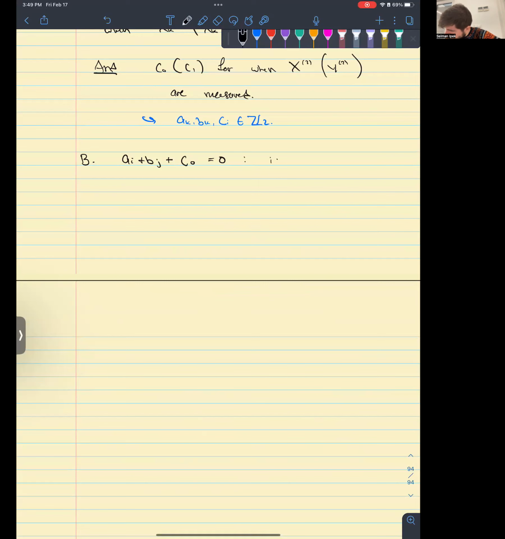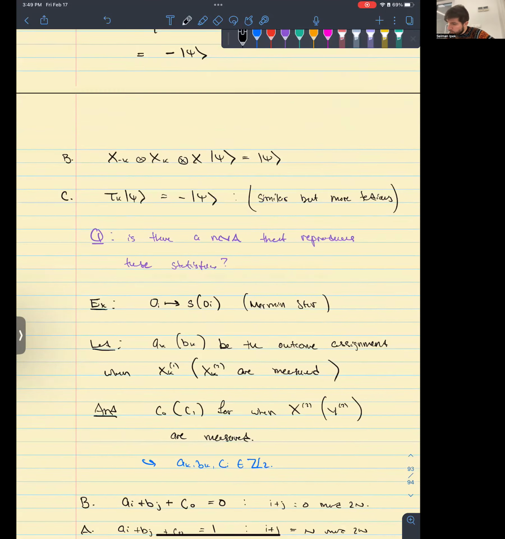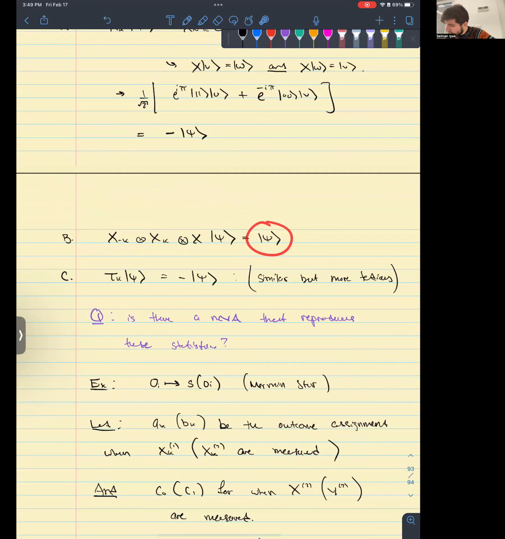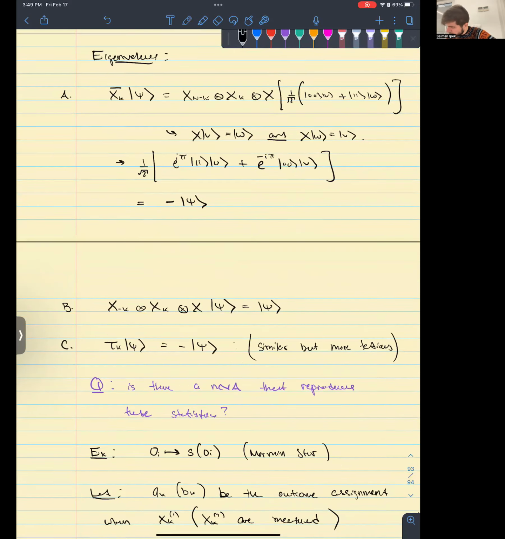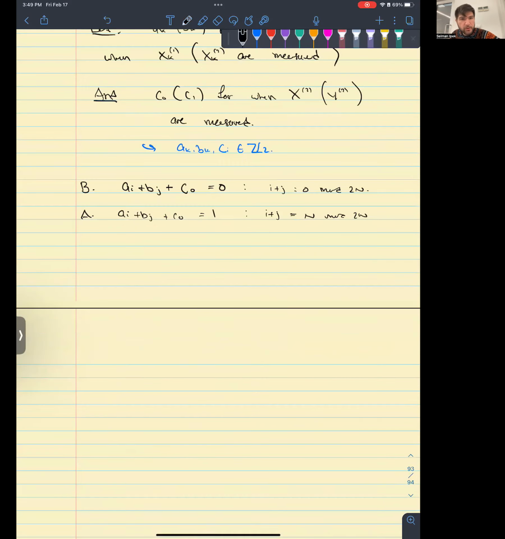This is the case when I plus J equals 0 mod 2n. So from A, we get that AI plus BJ plus C0 equals 1. This is when I plus J equals 2n mod 2n. Where's the 0 and 1 coming from? It's equal to 0 because you get back the original state here, and it's -1 for the second one because you get minus the state. So those are the first two.